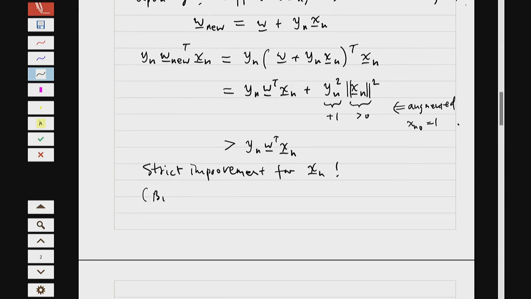It could also cause new misclassifications for other points.